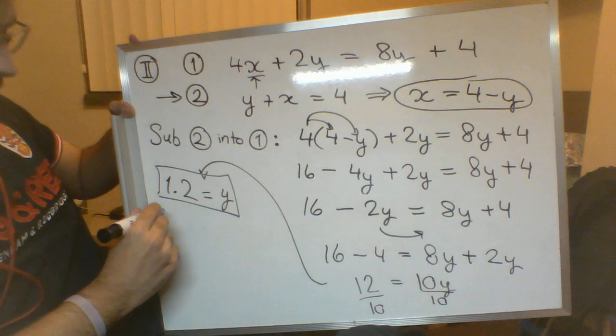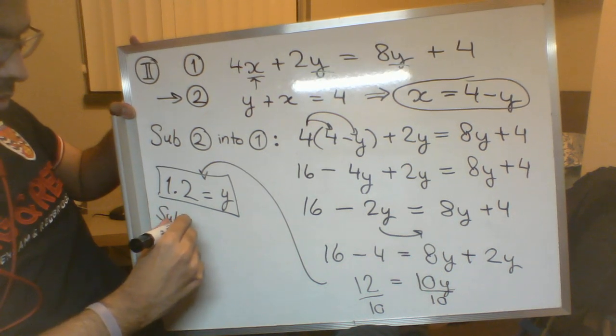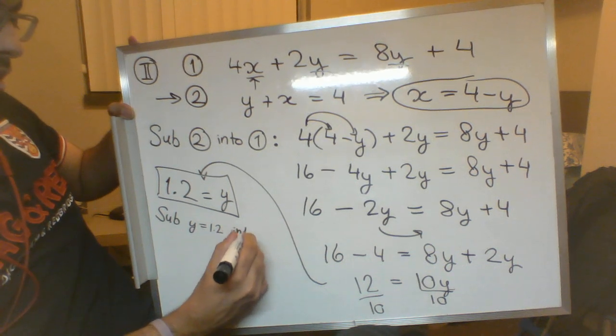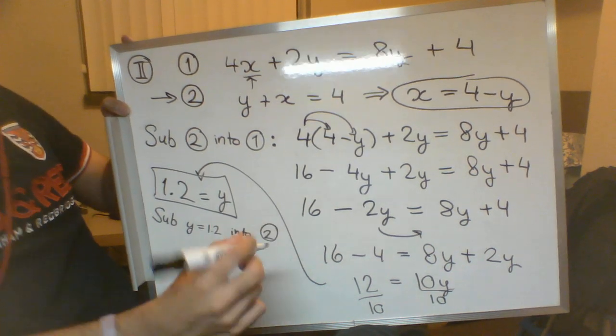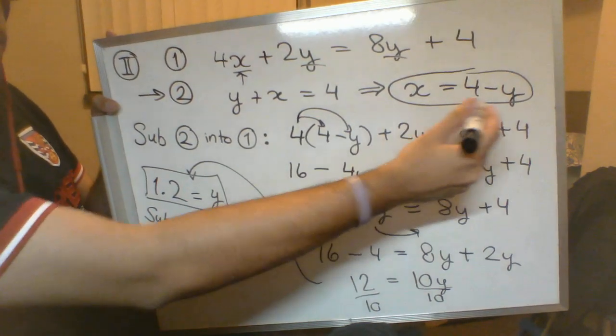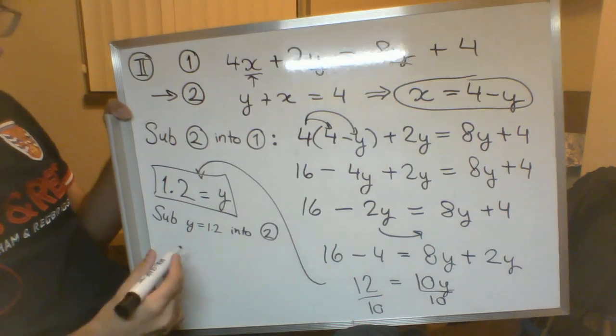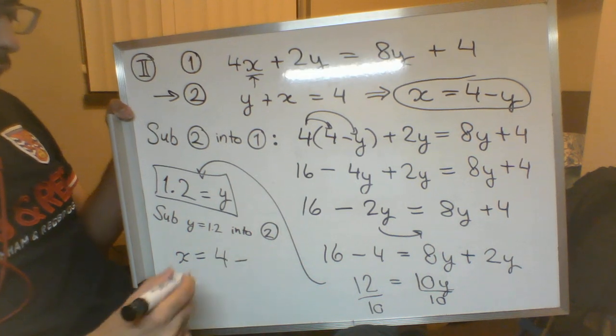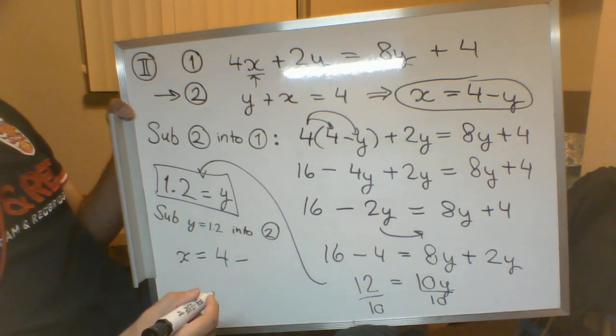So now we can sub in y equals 1.2 into equation 2, right? Or into the new equation 2 that we created over there. So we know x is equal to 4 minus y, but y is equal to 1.2.